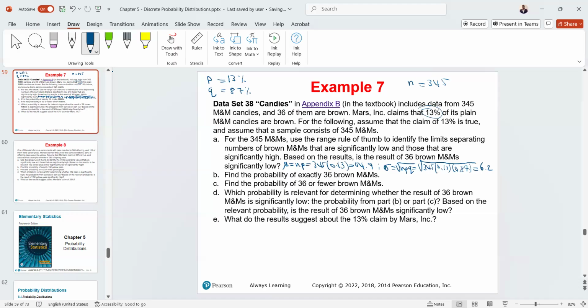Okay. Now we have the standard deviation, and it's like we have everything. So for A, remember, for significantly low, that means mu minus 2 standard deviations.